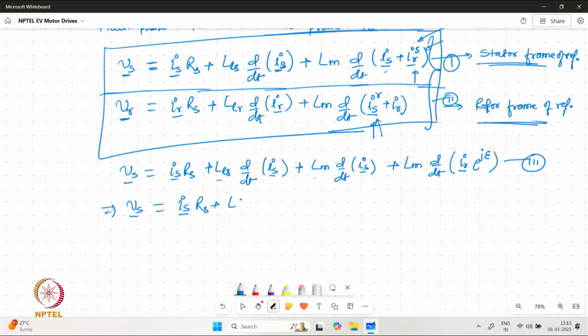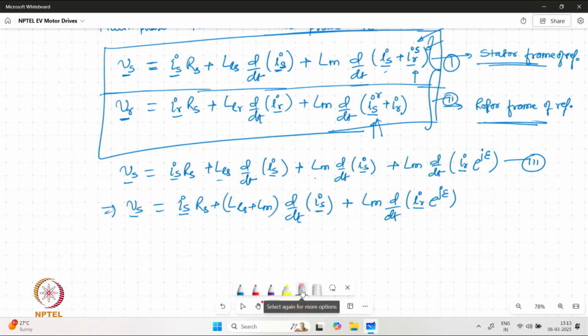Now this term coming over there, LLS plus LM, this can be taken together because both involve the stator current only, and there is another component associated with LM which is basically relating the rotor current with suitable transformation.